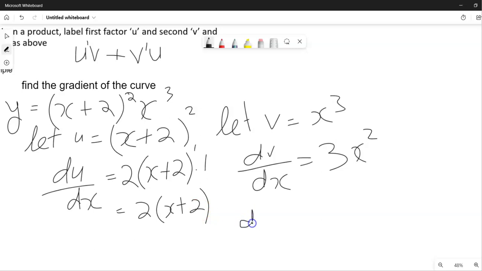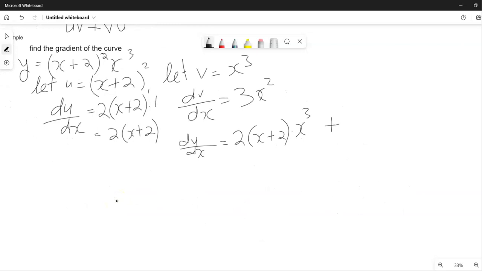So we're gonna say dy by dx is equal to u prime, or the derivative of u, which is 2 times x plus 2, times original v, so that's x cubed, plus the derivative of v, so that's 3x squared, times original u, so that's times x plus 2 to the second power.